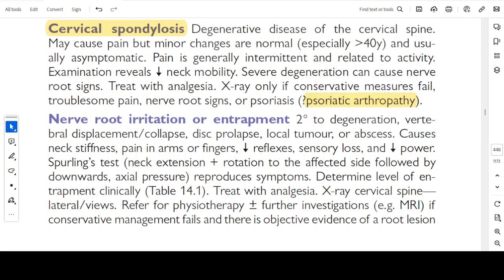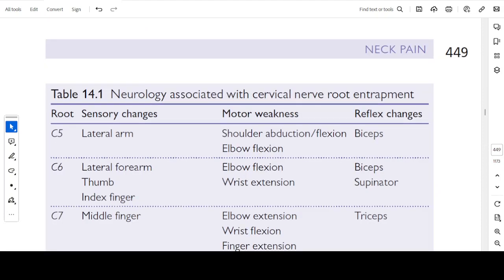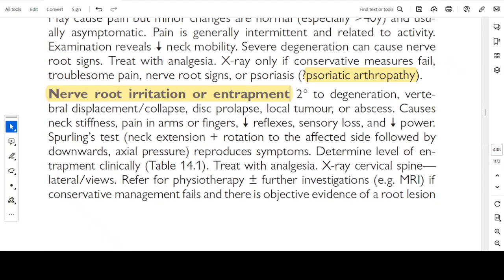Nerve root irritation or entrapment. Secondary to degeneration, vertebral displacement or collapse, disc prolapse, local tumor or abscess. Nerve root irritation or entrapment causes neck stiffness, pain in the arms or fingers, decreased reflexes, sensory loss, decreased power.